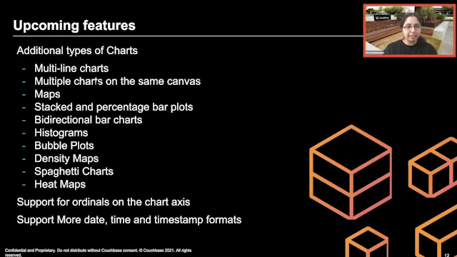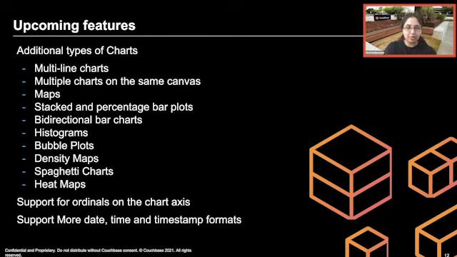We have some upcoming features in future releases. We'll add different types of additional charts, such as maybe multiple area charts, histograms, bubble plots, or heat maps. We also plan to support strings on the X and Y axis. Like I said before, we only support numeric data types and date time timestamps now.